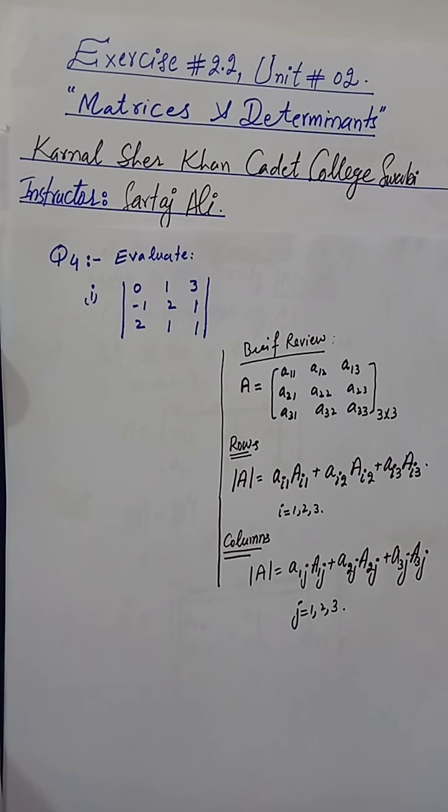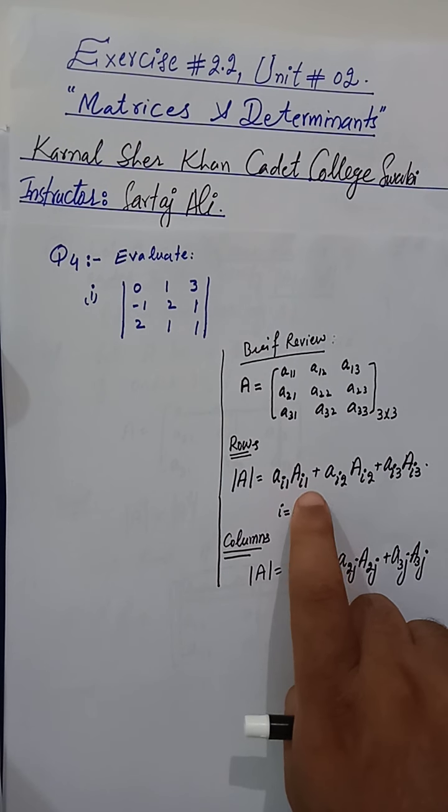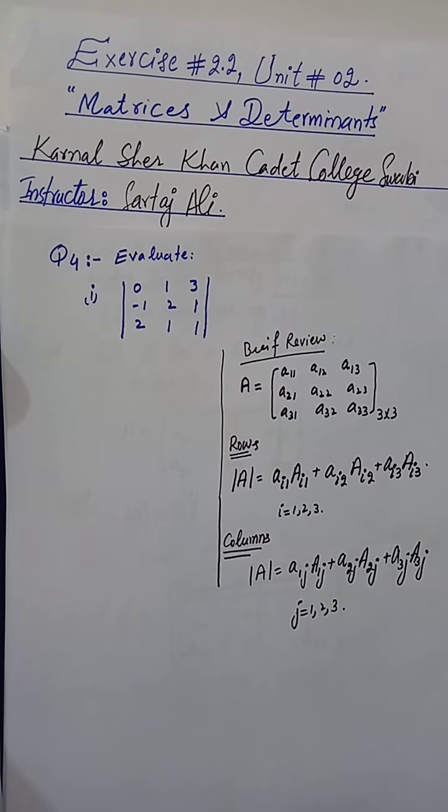Okay, so now the choice is yours. If you want to expand the given matrix with respect to the first row, second row, third row, or with respect to the first column, second column, or third column, the choice is yours. But in these 6 possible ways, which one is the best choice? Remember, in these formulas the elements are multiplied with their cofactors.